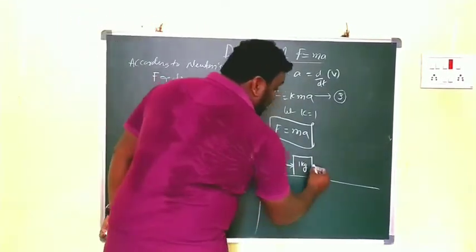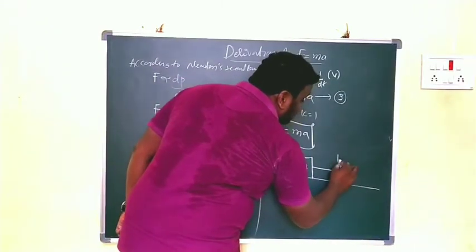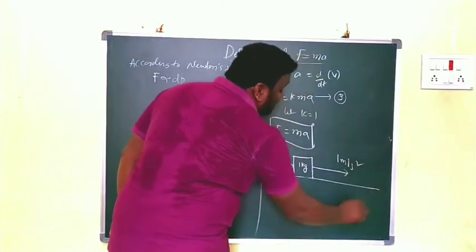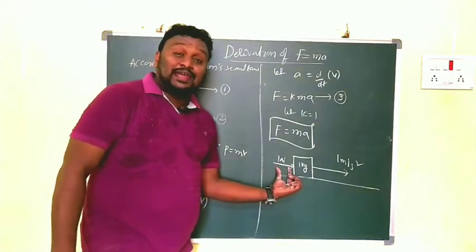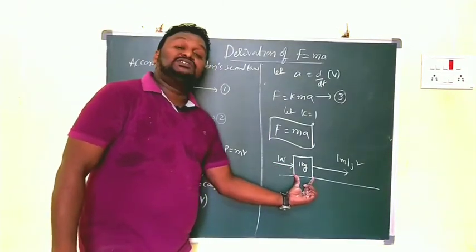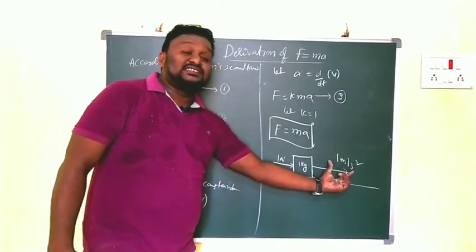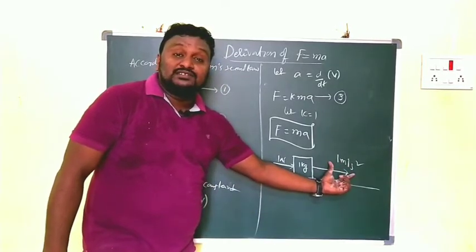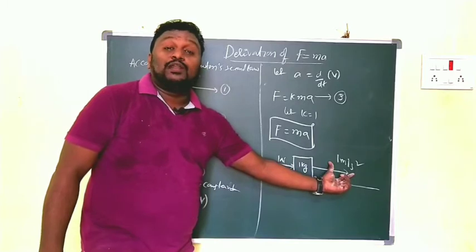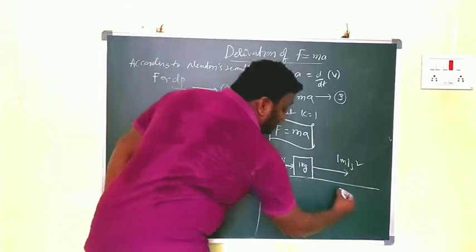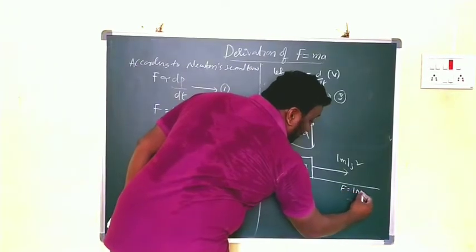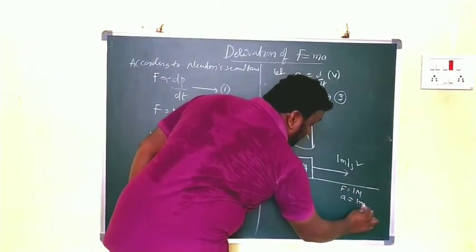Then it accelerates with an acceleration of 1 meter per second square. One newton of force is applied on the body of mass 1 kg, and the acceleration is 1 meter per second square. So F is equal to 1 newton and a is equal to 1 meter per second square.